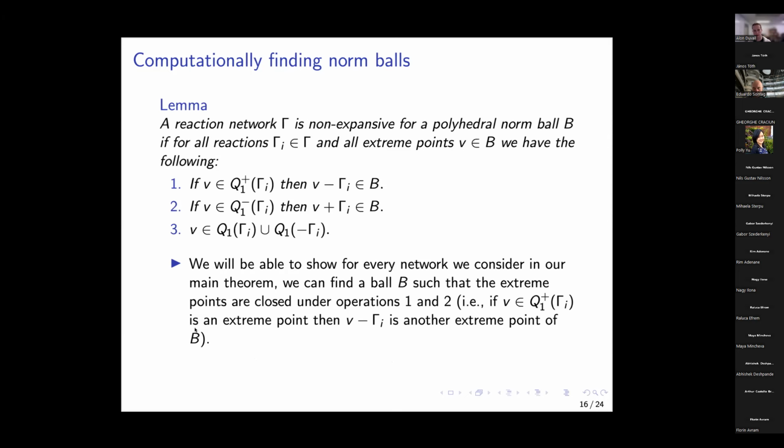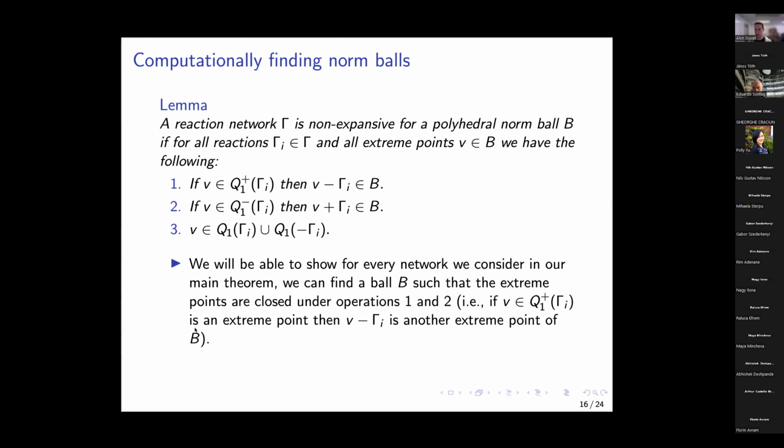This lemma essentially underlies a way you can compute the norm balls. It gives a sufficient condition for a figure to be non-expansive. Essentially, if you take an extreme point of the polyhedral ball, and it's in the positive region for a reaction network, you subtract off a reaction vector and get a new point.